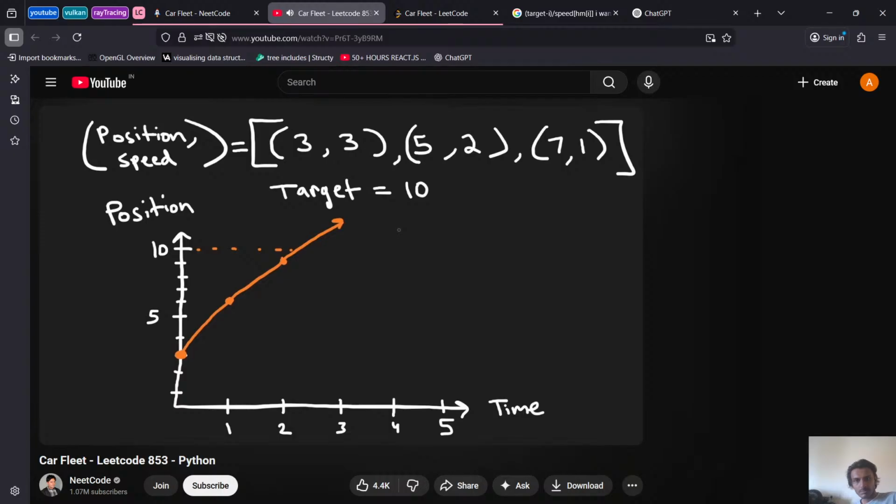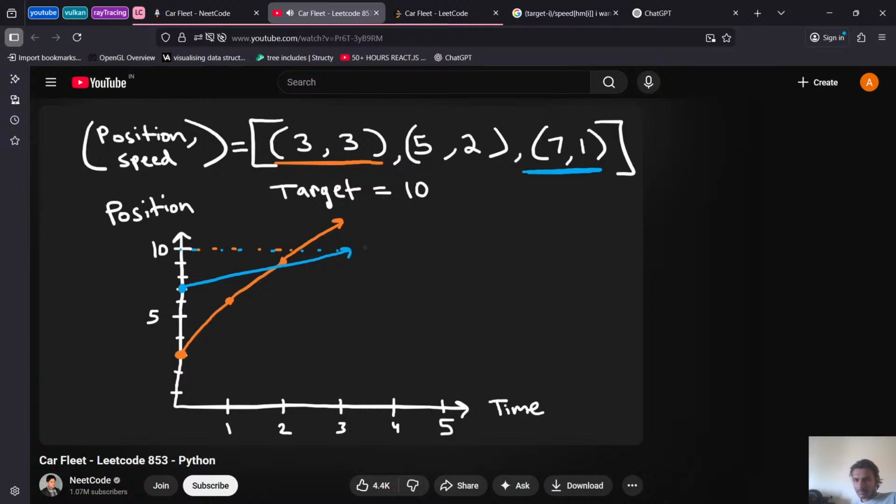just so you kind of get an idea of what's going on here. So now let's do this one, 7, 1, and let's use a different color just to kind of illustrate things. So it starts at position 7, and it has a slope of 1. So each unit of time is just going to go up 1 position. So at time 3 is when it's going to reach the destination, right? So we can draw a line like this one.